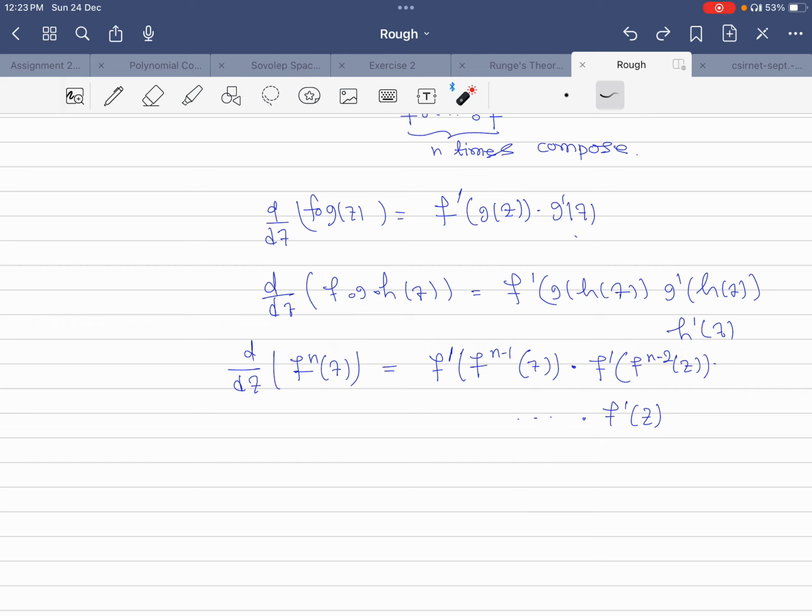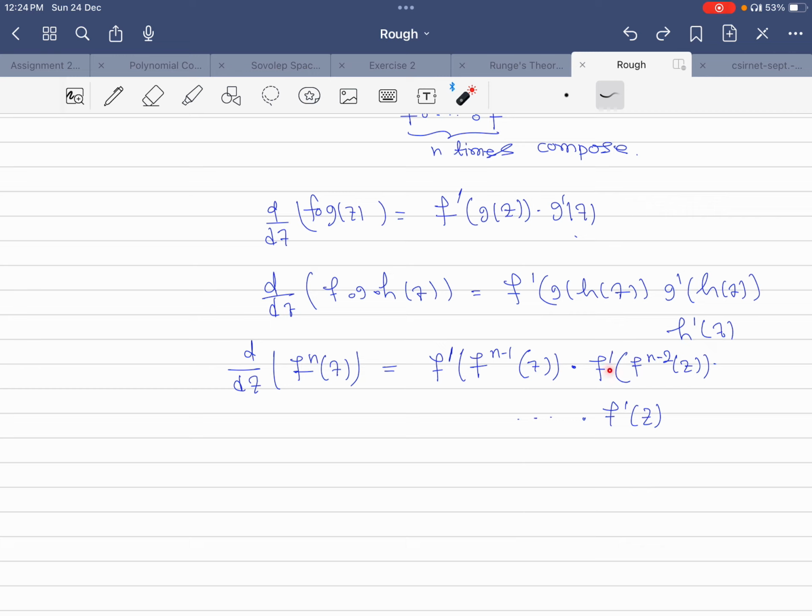Here all the functions are the same and the composition is n times. So d/dz of f n of z will be f prime of, see what we get here, g of h of z. Here it will be f only, but the composition will be n minus 1 times. Then multiplied by, again, f prime, because we have to differentiate with respect to z.